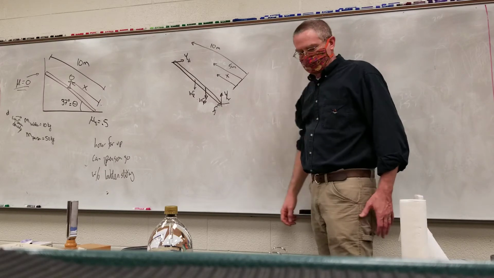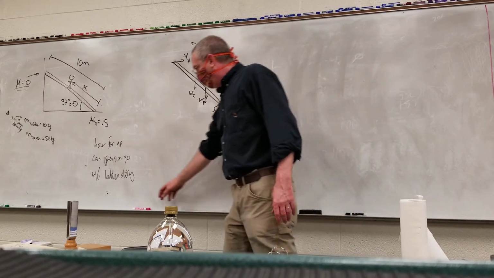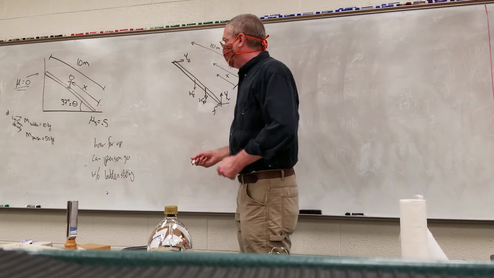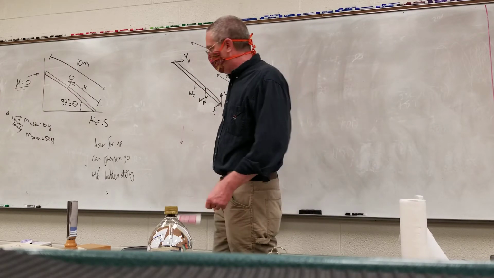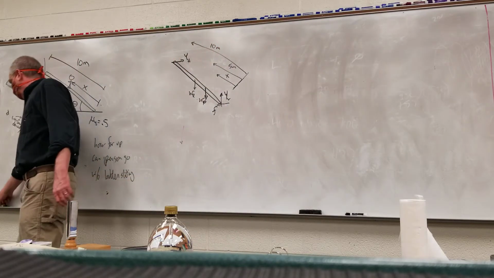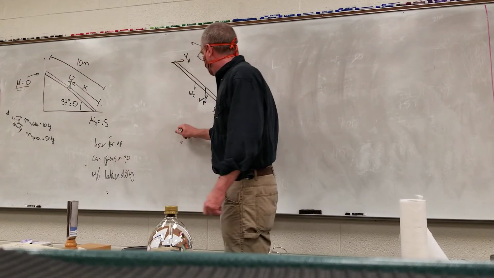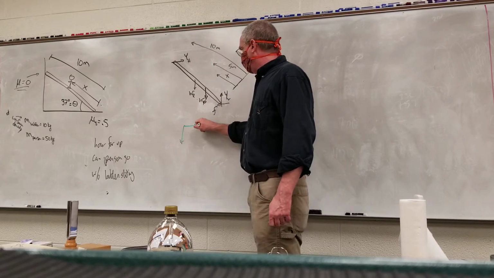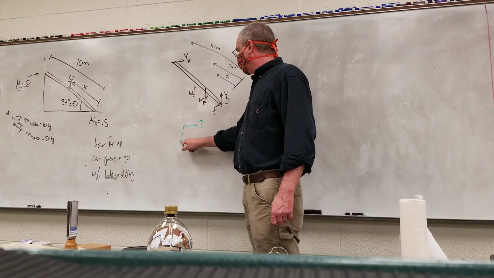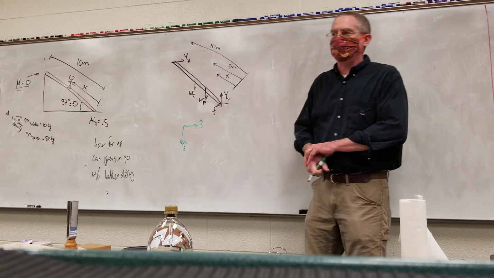So what do you want to make positive? Down and to the right. I'm going to call the one to the right I hat, the one this way J hat. So which way is K hat going?